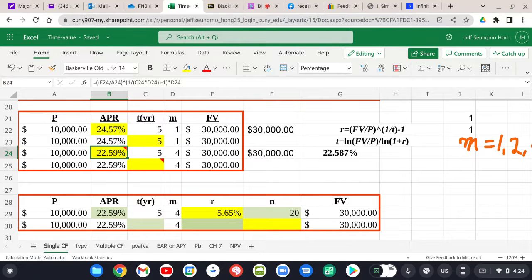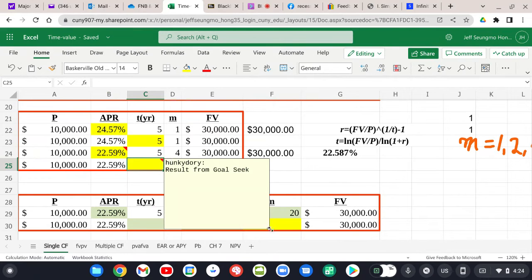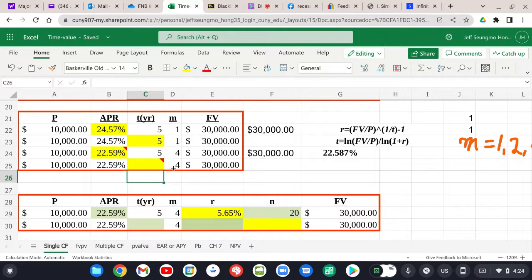Given 22.59% APR, we know the answer will still be 5 years. But we'll need to make an adjustment for that compounding frequency.